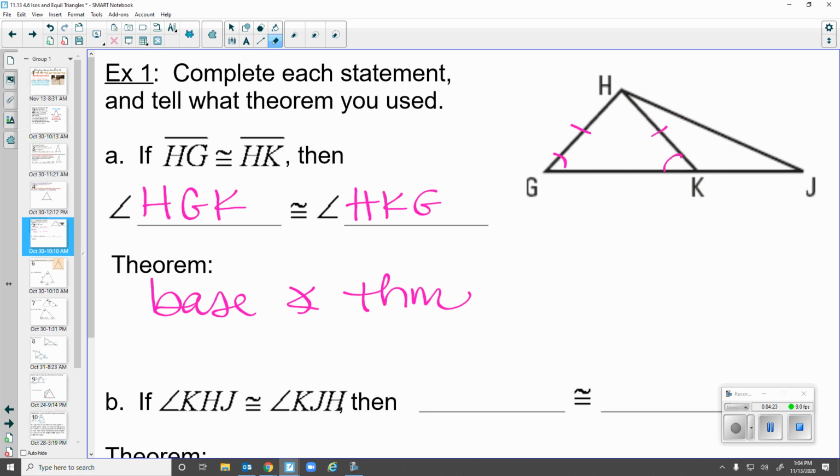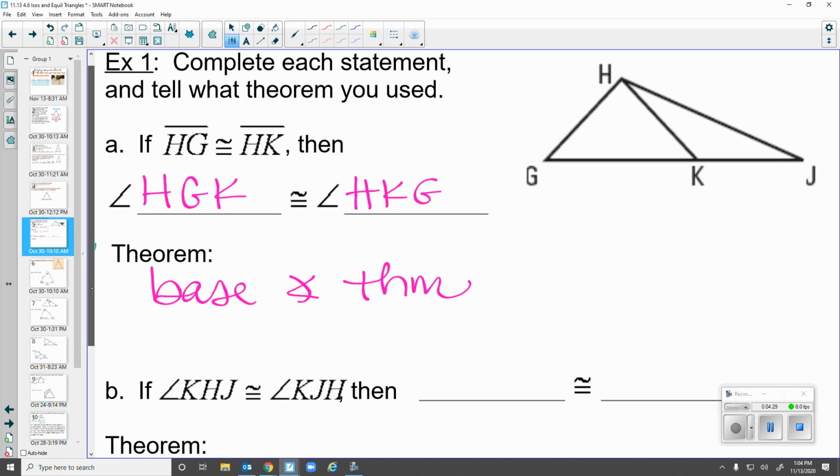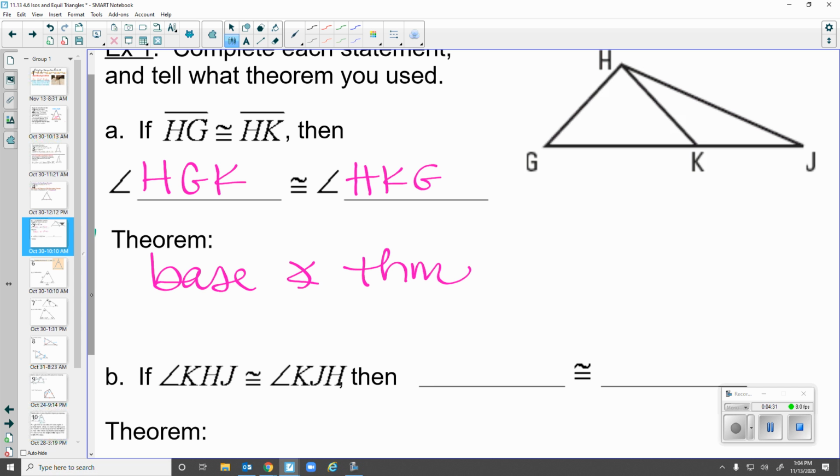Okay, same picture, new start. If we have angle KHJ, so this angle, and angle KJH, so this angle, we have 2 angles that are congruent.